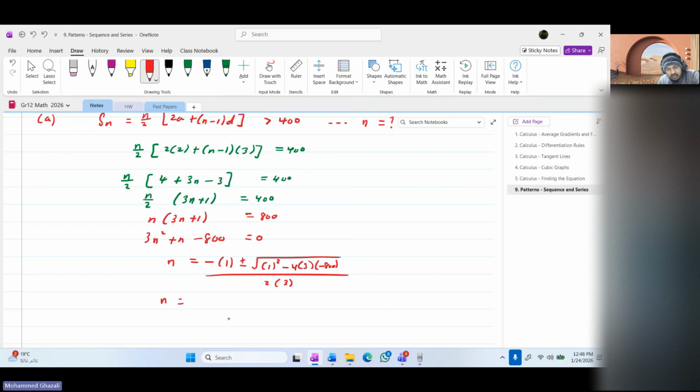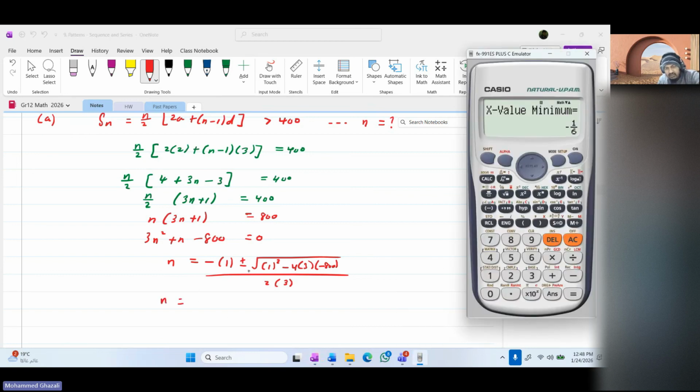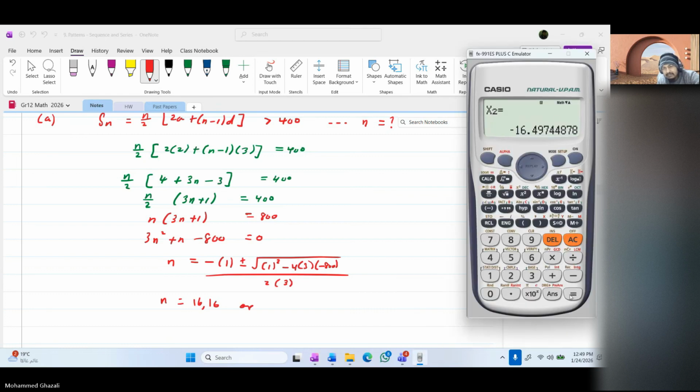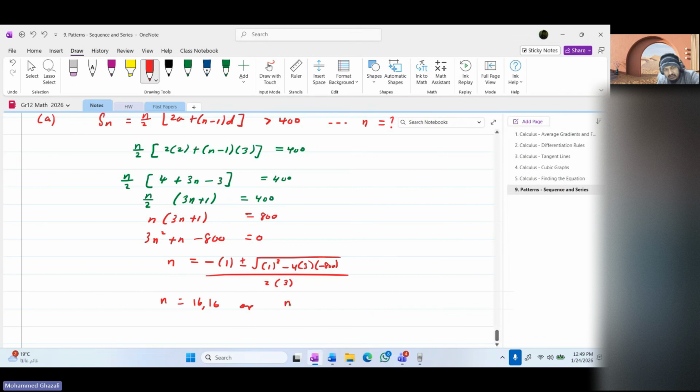Right, so I have two answers. I'm not going to type this entire thing, I'm using the equation solver. It's already giving me the answer, which is 16.49, or a negative number. So 16.49 will turn to 17.